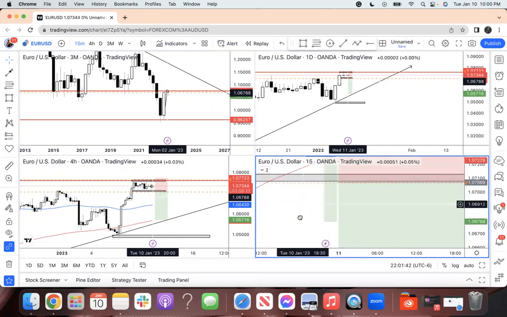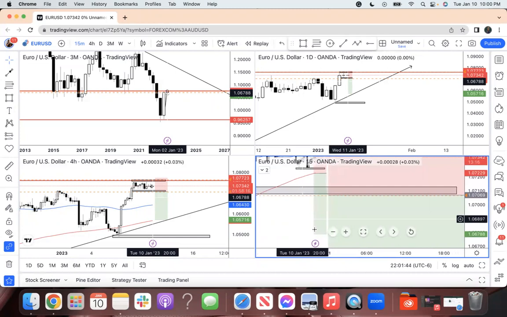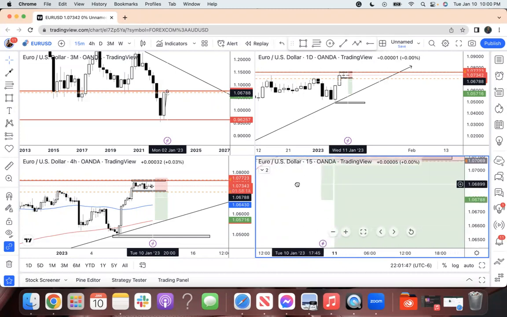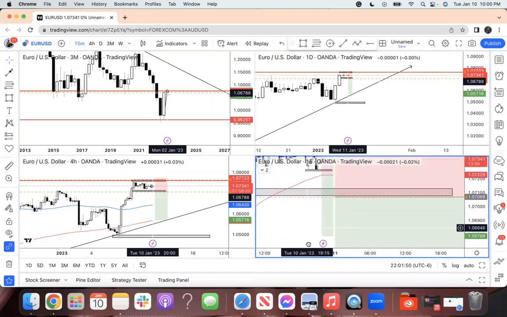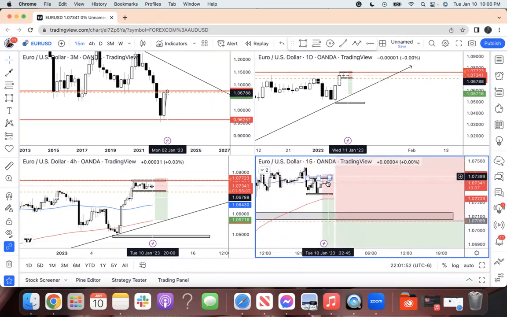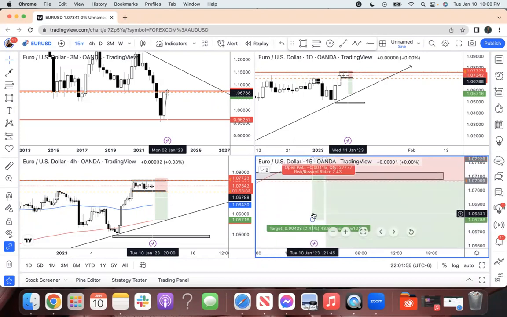And so we're going to move this down until, so right now we are risking 18 pips. Our ratio is over 2, so this is a decent trade.